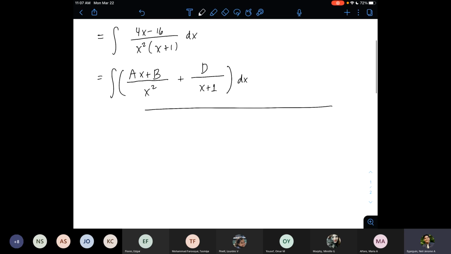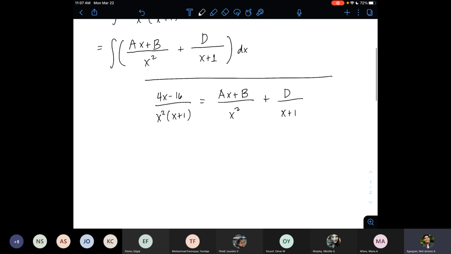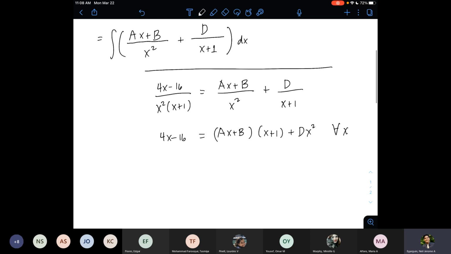So we wanted 4x minus 16 over x squared times x plus 1 to be equal to ax plus b all over x squared plus d over x plus 1, right? If I multiply both sides by the denominator x squared times x plus 1, what we'll get is 4x minus 16 equals ax plus b times x plus 1 plus dx squared for all x's, right?